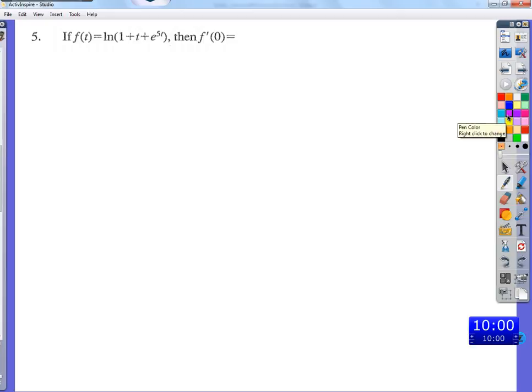Alright, so f is given by this. We want to find f prime of 0. So before we can find f prime of 0, we should find f prime, of course. So f prime is the derivative of the outside. The outside function is the natural log, so the derivative is 1 over all that stuff.